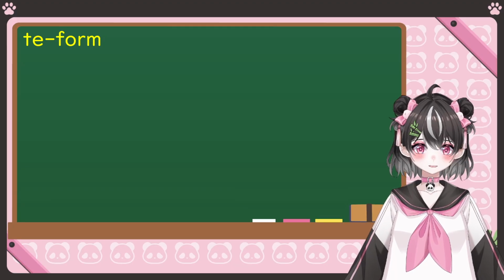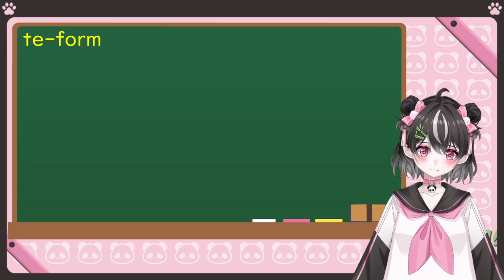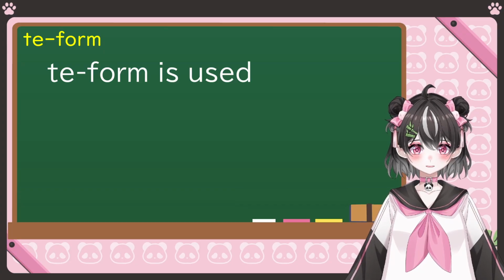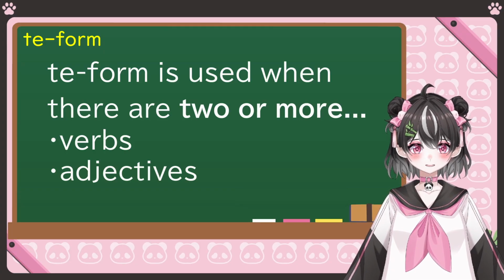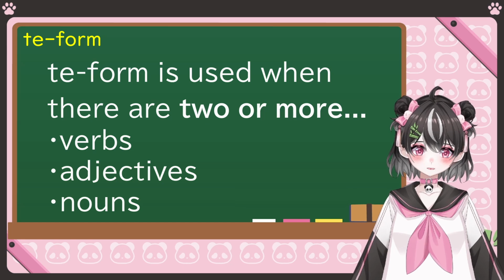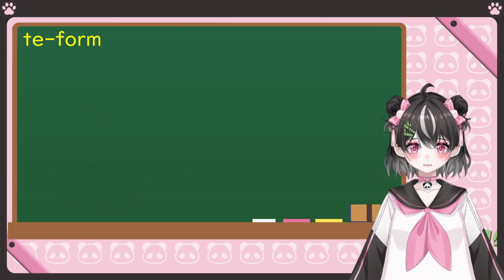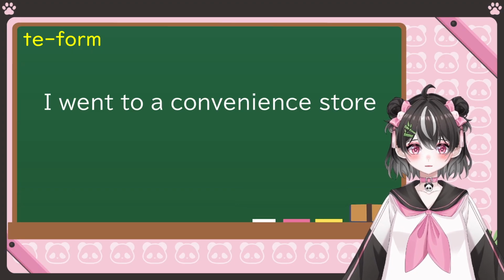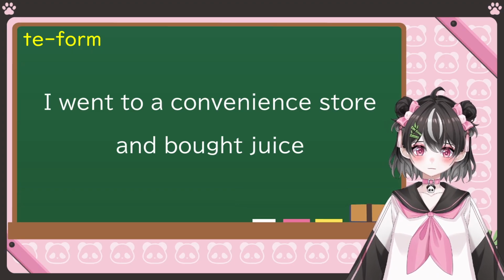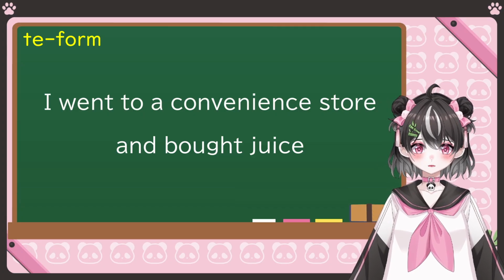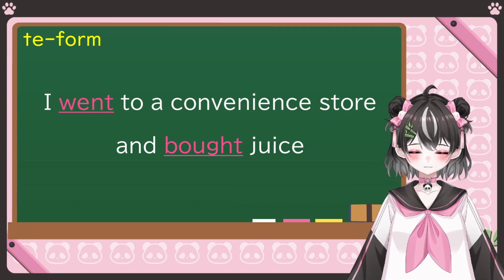Lastly, I'll introduce one grammar point that uses te form. Te form is used when there are two or more verbs, adjectives, or nouns in a row. For example, imagine a sentence like I went to a convenience store and bought juice. In this sentence, there are two verbs, went and bought.